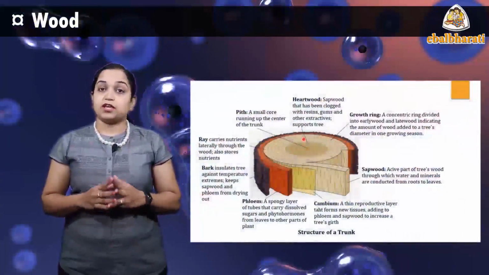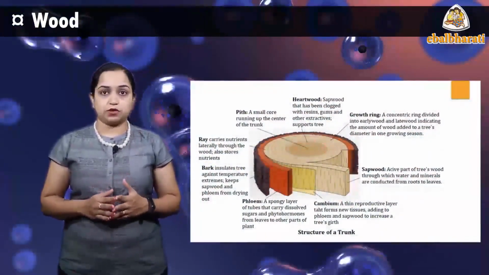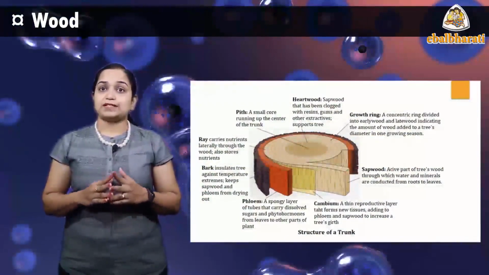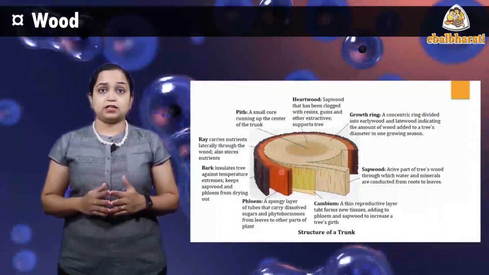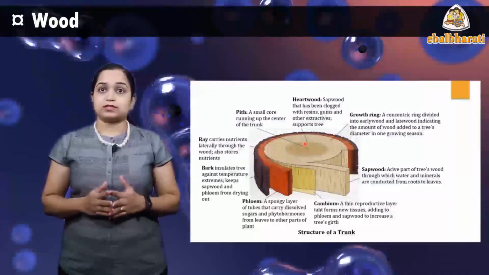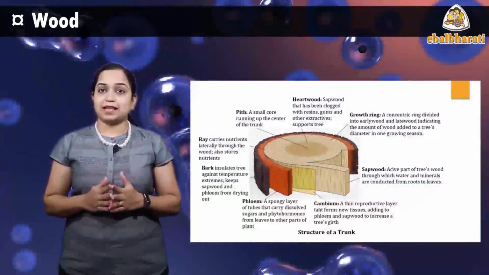Wood. During favorable conditions, spring wood, that is early wood, is formed which has broader xylem bands, lighter color, tracheids with thin walls and wide lumen. Fibers are less in number, low density.